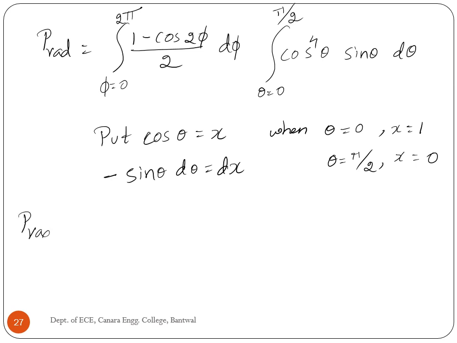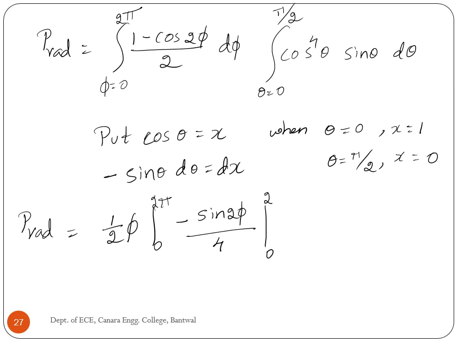Therefore, radiated power is equal to the integration of 1, which is half; integration of half is half phi, limit 0 to 2 pi. Integration of minus cos 2 phi is sin 2 phi divided by 2 into 2, it's 4, limit 0 to 2 pi.